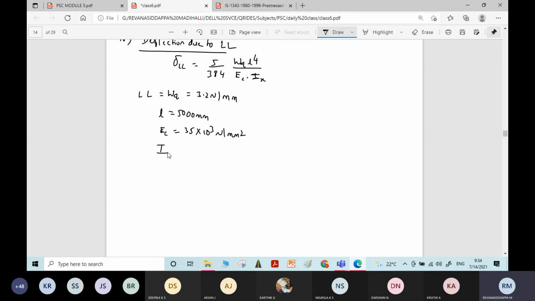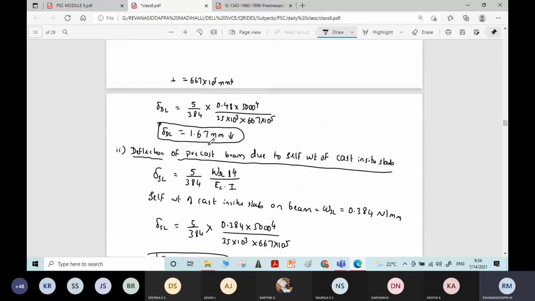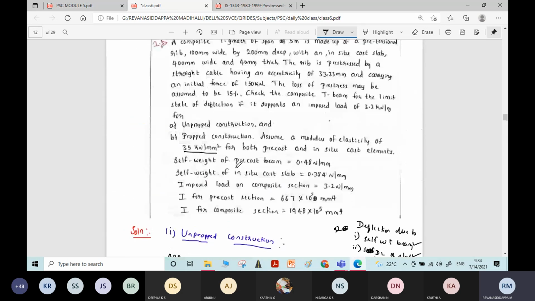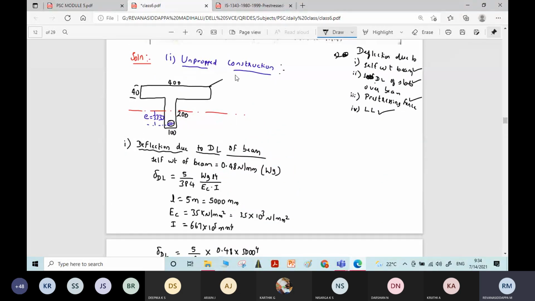Coming to the moment of inertia, students remember, the moment of inertia of the composite section should be taken here, not the precast section. Whatever line load acts on the beam, now a composite beam, it will act over the full composite beam. Therefore, the moment of inertia corresponding to the full T section should be taken.